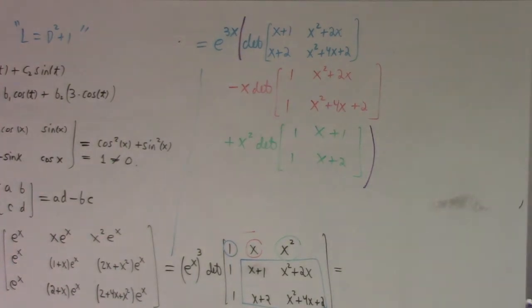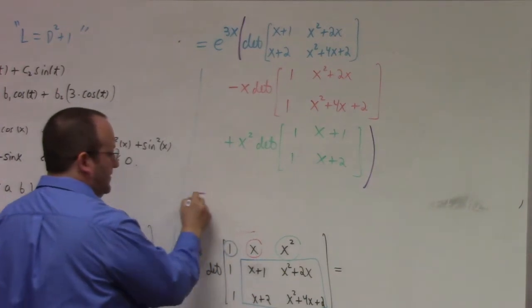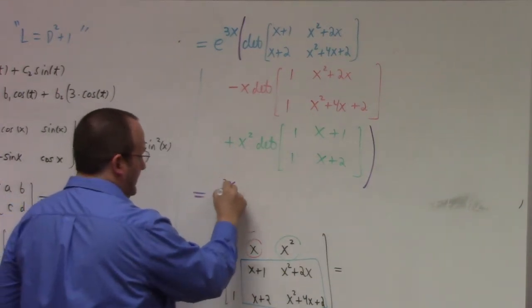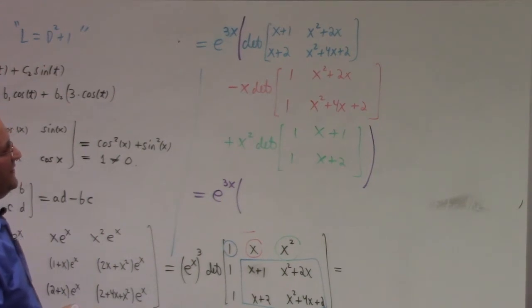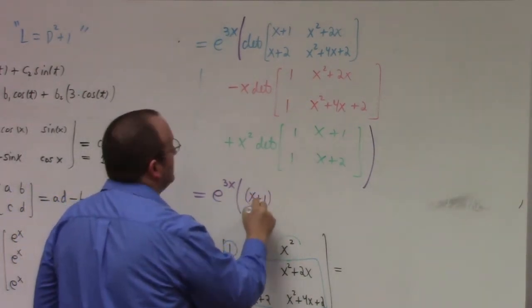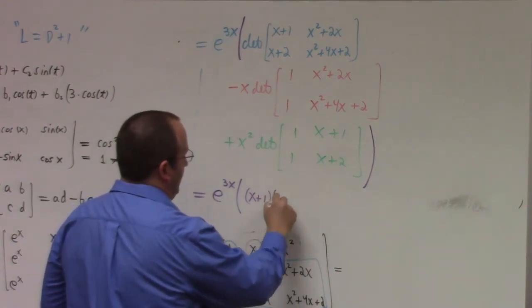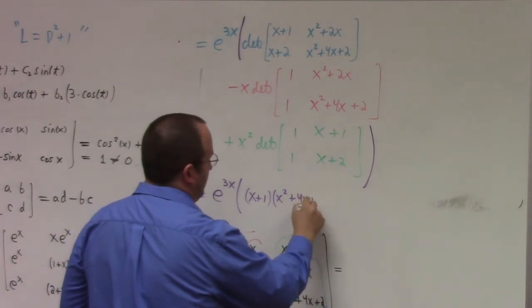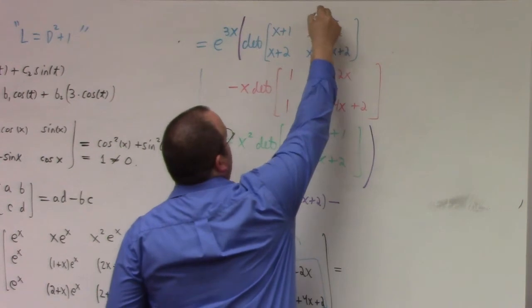So now it's just algebra. It's relatively straightforward, partly painful algebra. E to the 3x. Does that factor or anything that makes it easier for me to write it? I don't know. It's x plus 1 times x squared plus 4x plus 2 minus what? Now, this is x times x plus 2, isn't it?